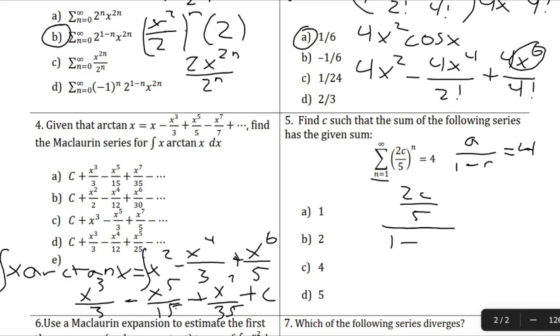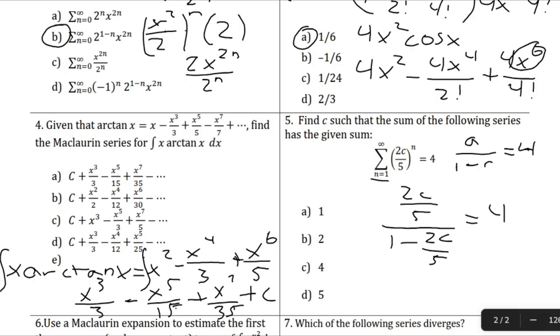And if you remember, in a geometric series, it's going to be in the form of r to the n, and so that means our r is still our 2c value. So then that's going to be equal to 4. So then we can simplify everything.